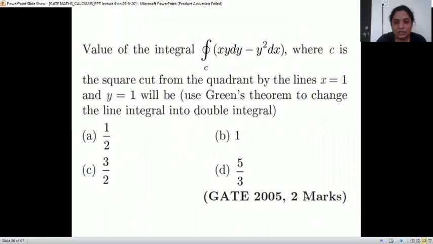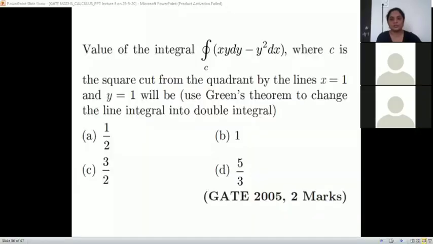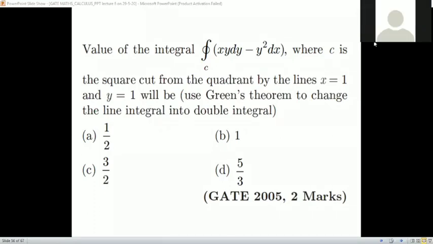And it is given, use Green's theorem to change the line integral into a double integral. Have you solved? Please tell me the answer now.